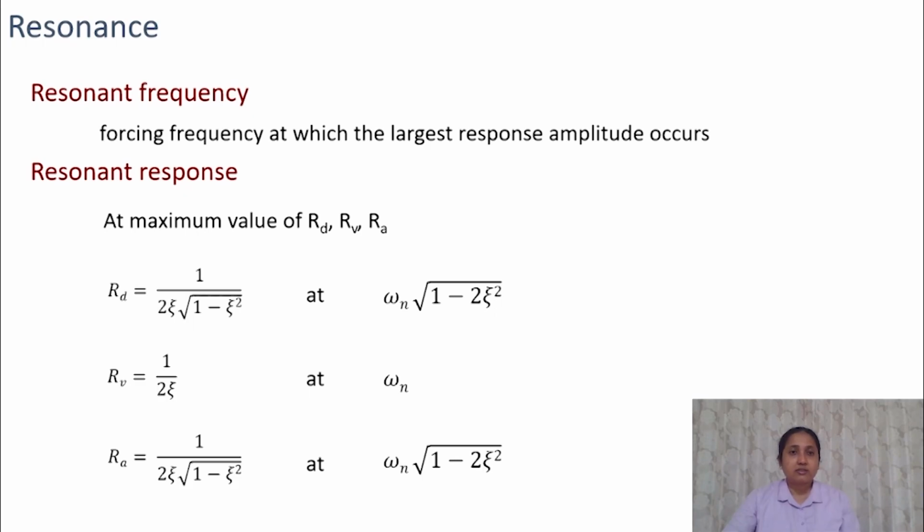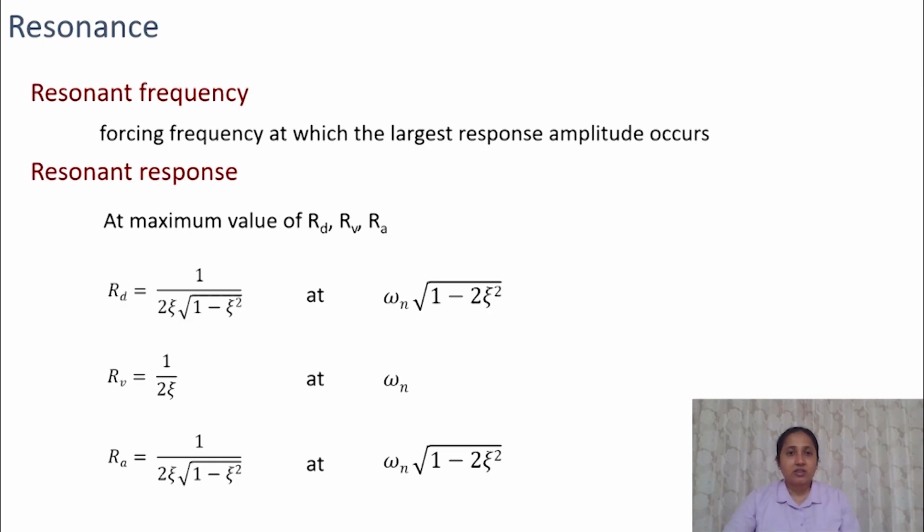So the resonance frequency can be defined as the forcing frequency at which the largest response amplitude occurs. The forcing frequency will be different for the displacement, velocity, and acceleration responses. And the resonant response will be equal to the maximum response for displacement, velocity, and acceleration.